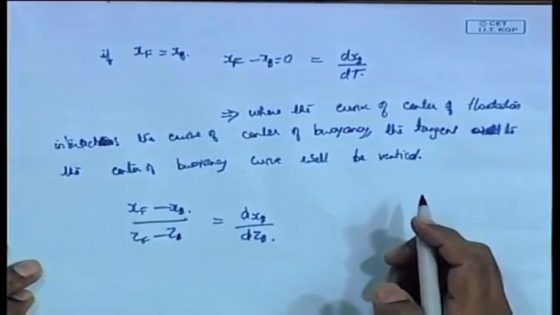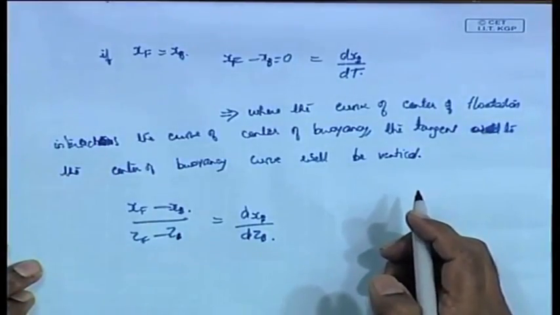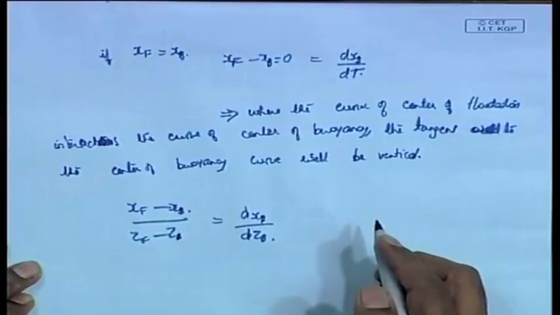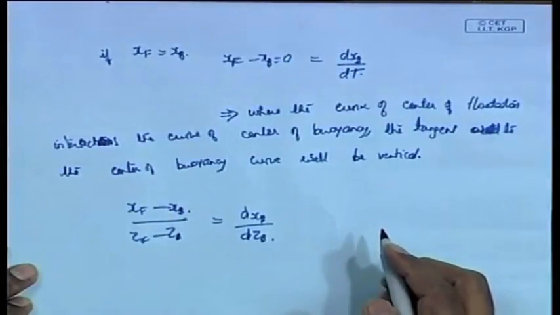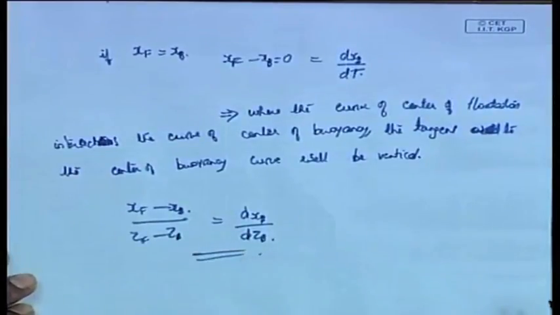Similarly, x f minus x b divided by z f minus z b is equal to d x b by d z b is another formula that is used in some places.